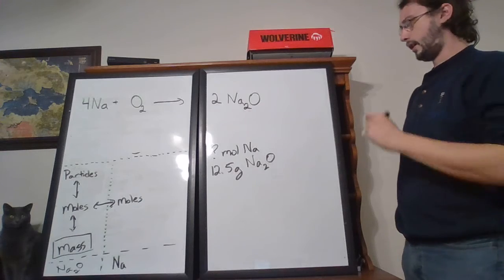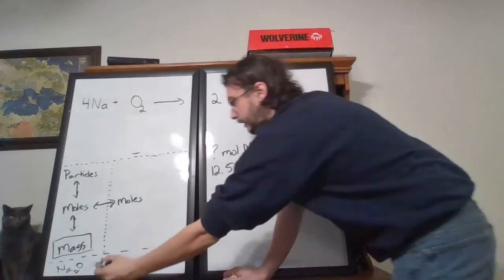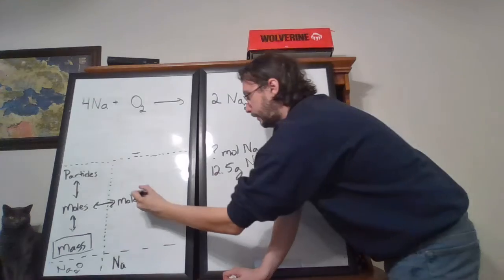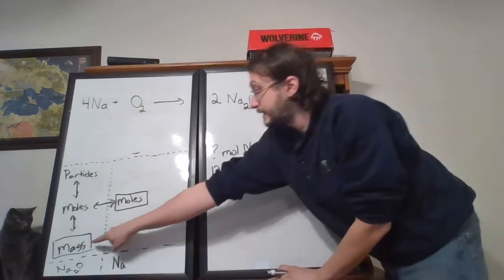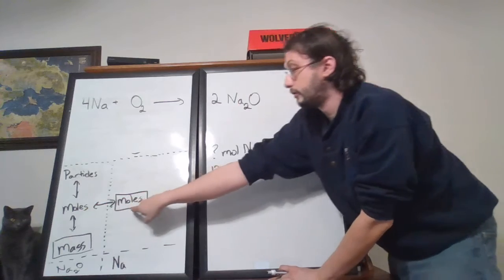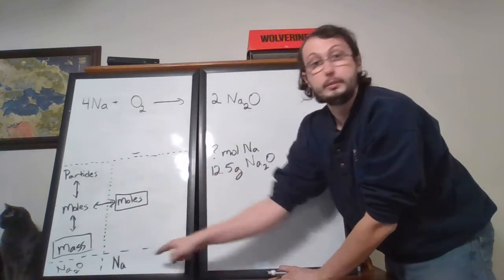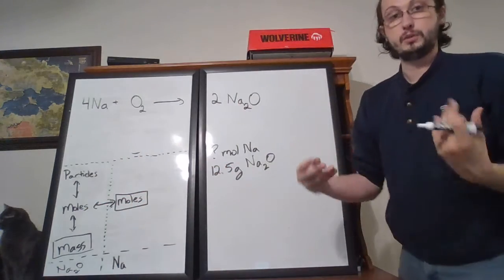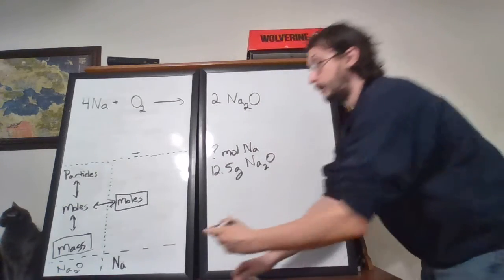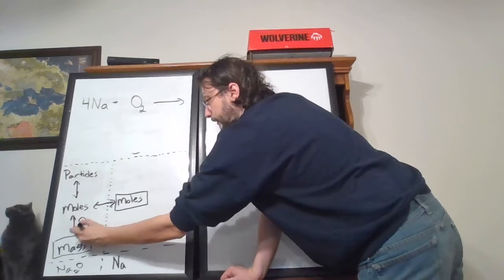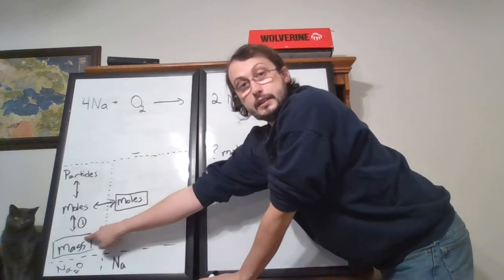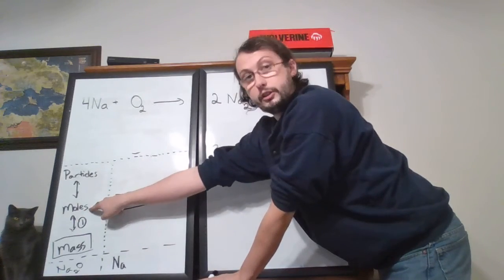So we're going from grams of sodium oxide to moles of sodium. And actually, for all the problems you're doing today, you're doing the same thing. You're going from mass to moles to moles. Tomorrow it'll be a little bit different, and the last one will be a 3-step problem. But every one of the ones today is actually the same pattern. And so our first conversion factor is going to take us from mass of sodium oxide to moles of sodium oxide.